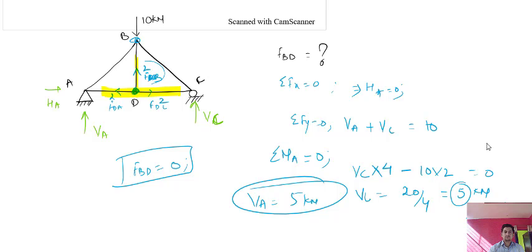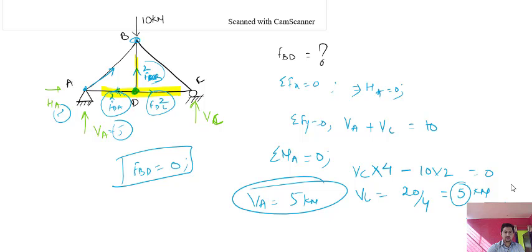And if you want to calculate all the values, what will be the value of FDA, FDC, then first of all you need to take joint A, because now you have the values of VA and HA equal to 0. So you can calculate this one, then you can calculate the next one. Similarly, you can proceed in this manner in these method of joints numericals.